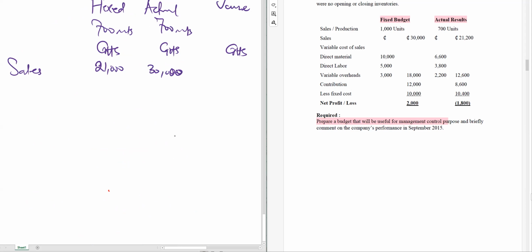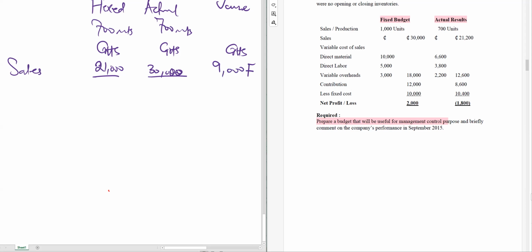Have we done well or we have not done well? We have done well. We sold more, right? By how much? We sold extra 9,000, right? So this is a 9,000 favorable variance.